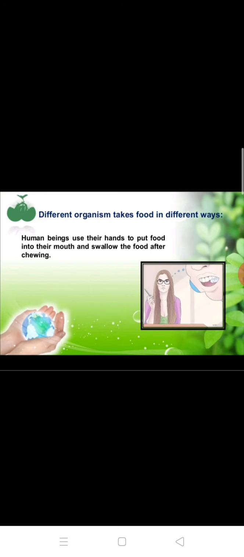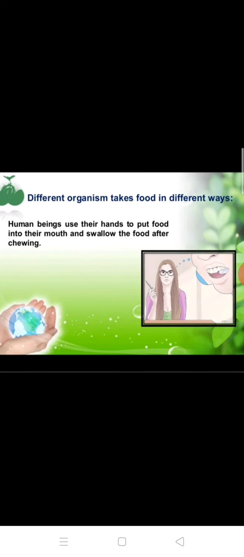Do you know that different organisms take food in different ways? If you look around you in your surroundings, have you seen a hummingbird? A hummingbird sucks nectar of plants. So this is its mode of taking nutrition. Now think about little kids, small children.